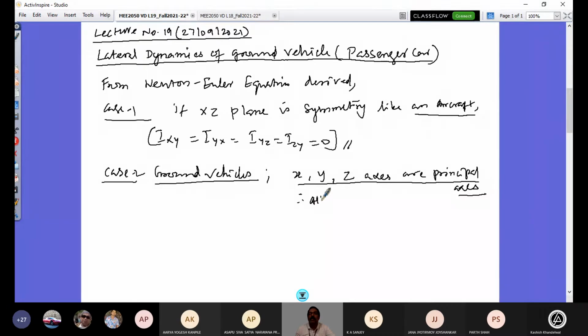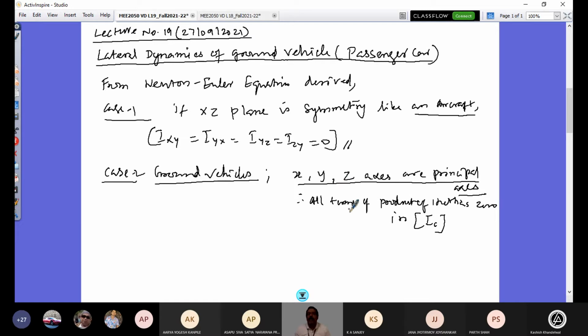Therefore, all terms of product of inertia are zero in the IC matrix. So what is IC? The centroidal inertia matrix. So I'll have only mass moments of inertia, that is, diagonal terms. That's what is interesting, right?